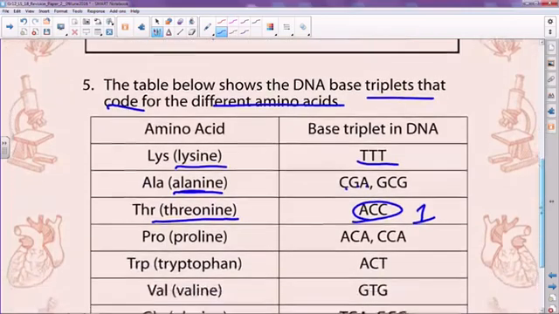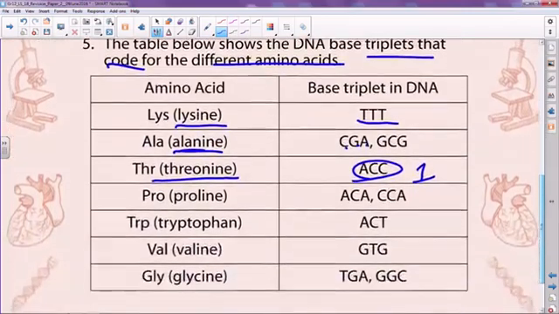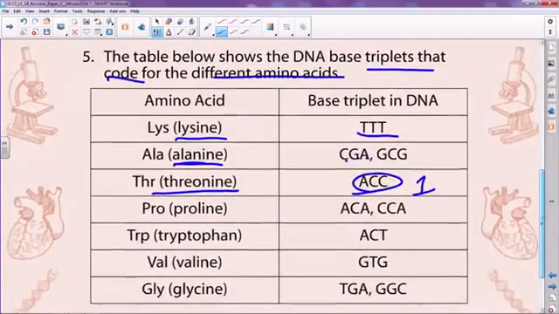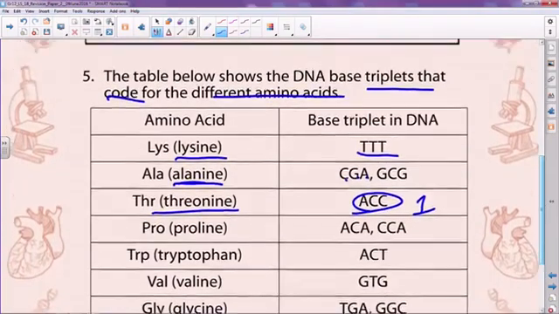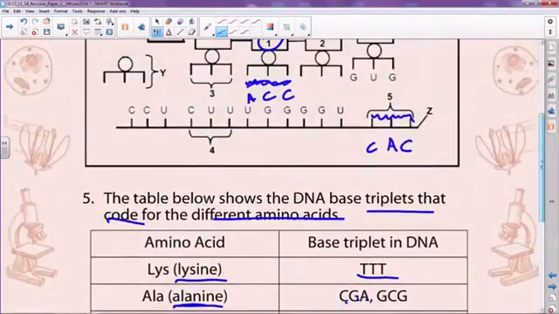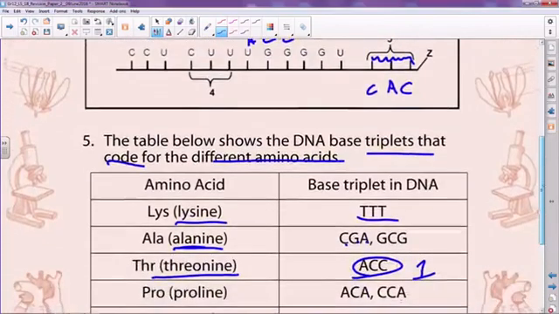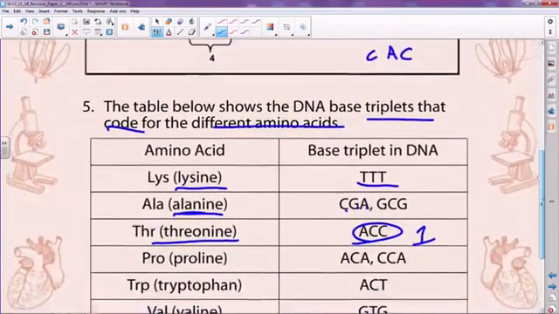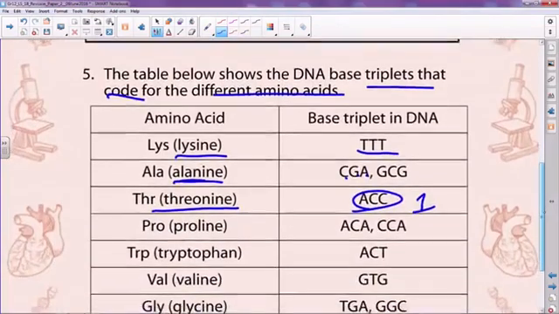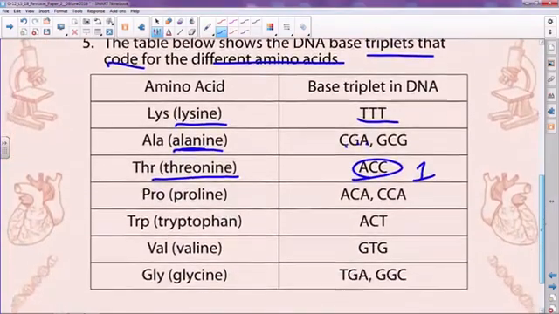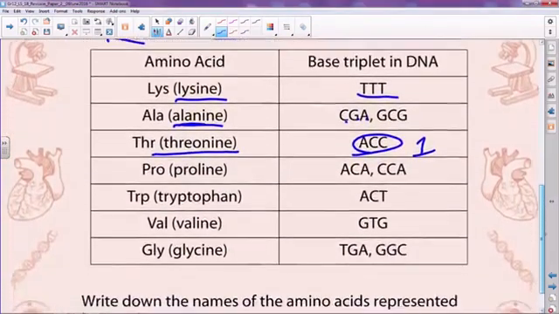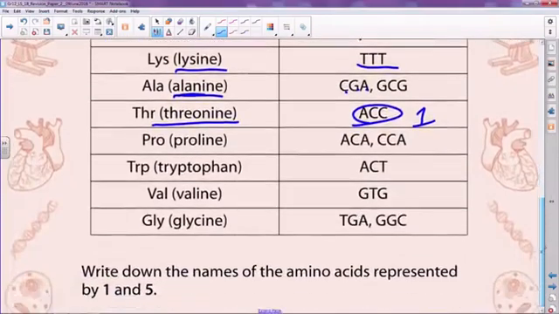Let's see, CAC, can we find the CAC? I'm finding, come on. CCA is there. They can't give you one. Can you believe it?